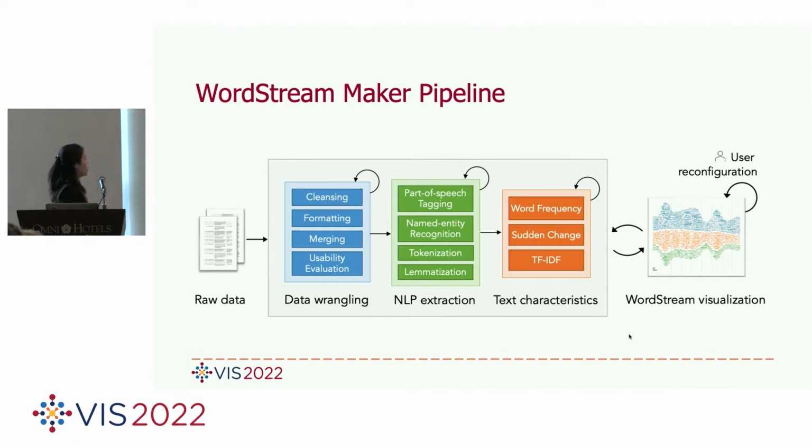The data wrangling block has cleansing, formatting, and merging. For NLP extraction, we provide options for part-of-speech tagging, named entity recognition, tokenization, and lemmatization. The text characteristic is how we encode the information into the final visualization: word frequency, sudden change, or TF-IDF.